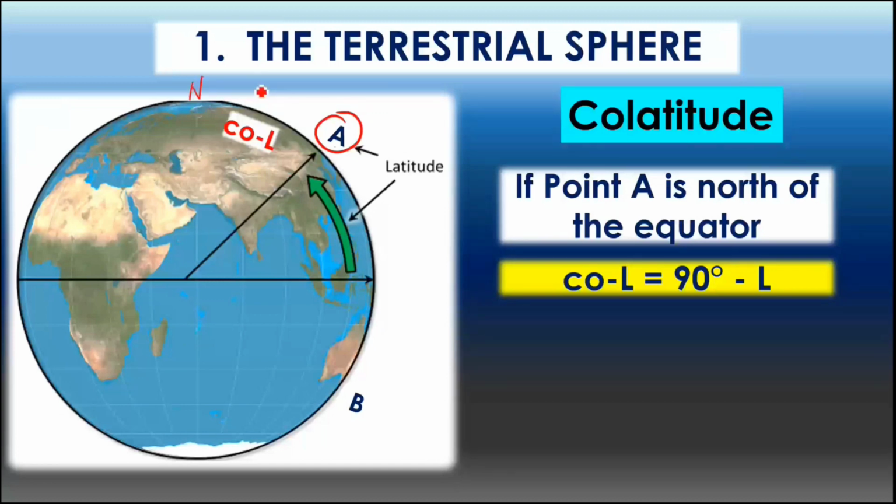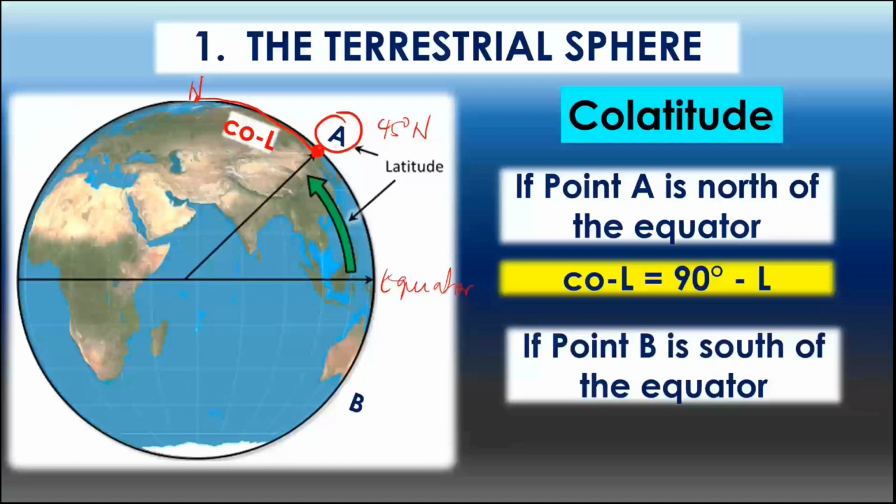So you need to measure the angle from the north towards the said point. That will be your colatitude.